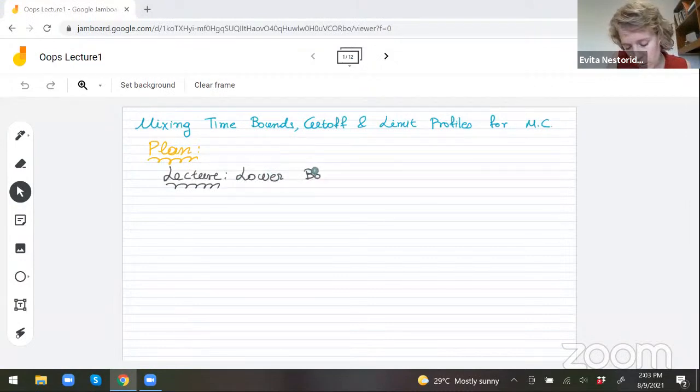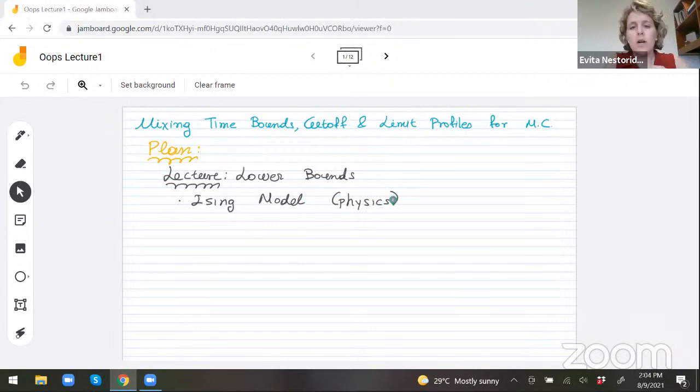And in particular, I will focus on two models that share a similar technique when it comes to lower bounds. So the Ising model on a finite graph, that is, as we will see soon, a very popular model coming from statistical mechanics.